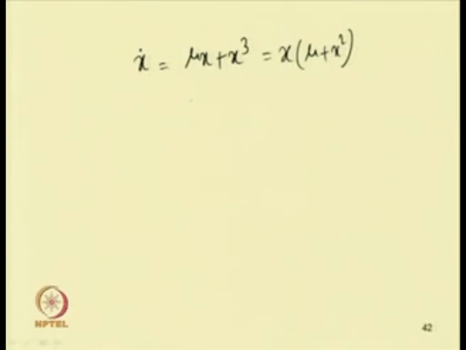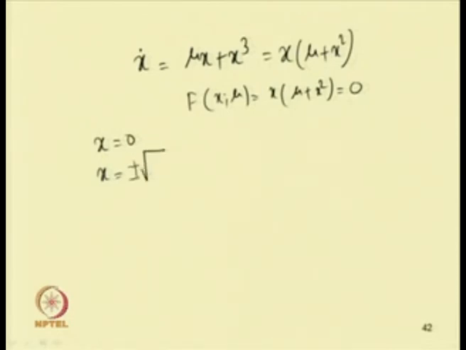So, our f x mu equal to x into mu plus x square, and this equal to 0. The solution becomes x equal to 0, one solution, and the other solution becomes x square equal to minus mu, or x equal to plus minus root over minus mu.